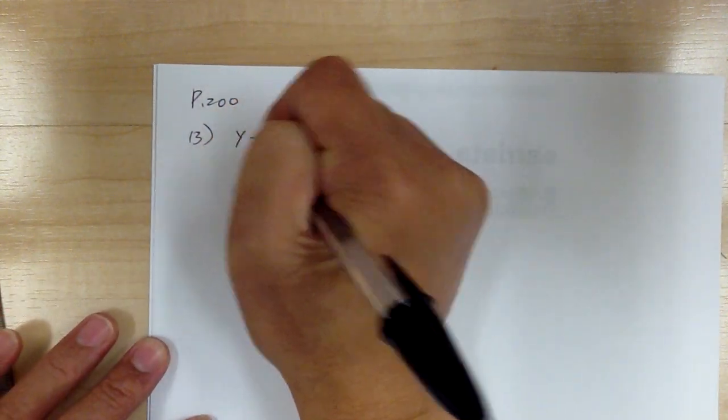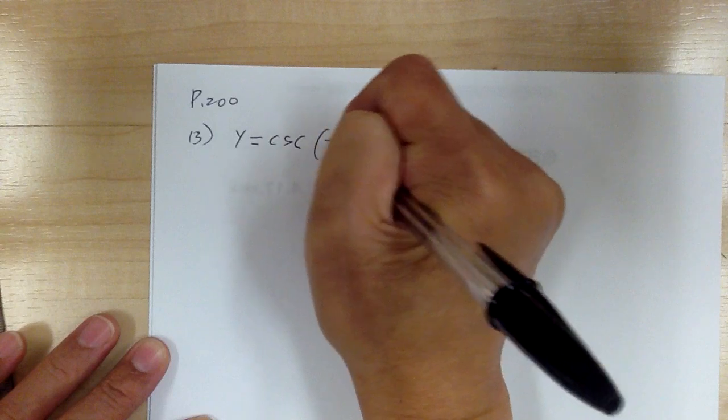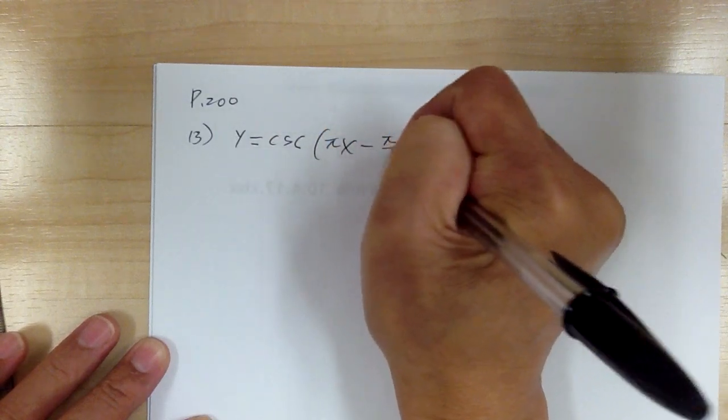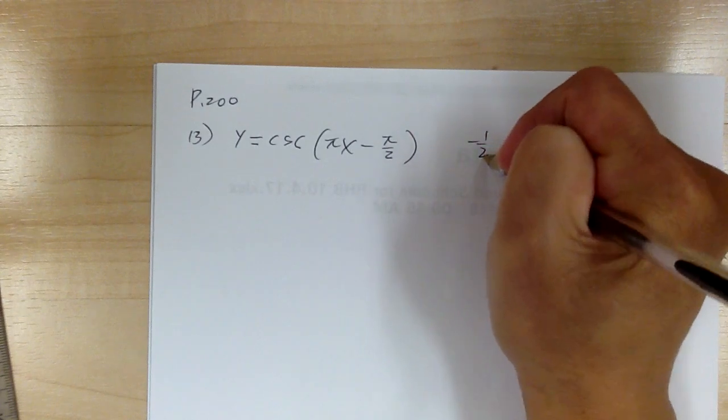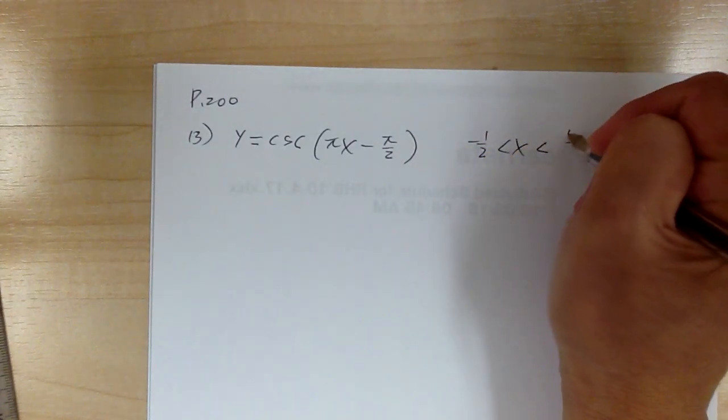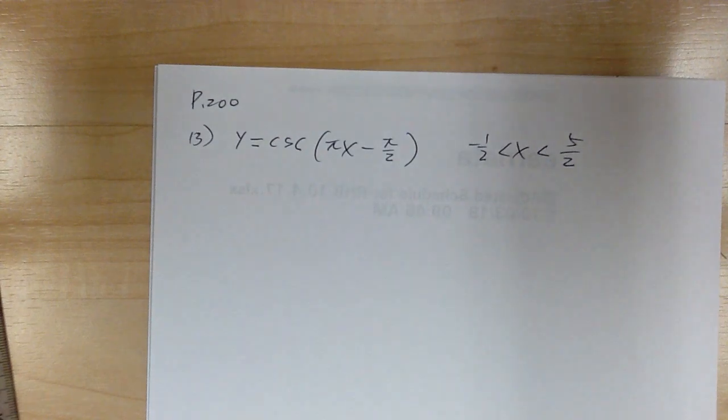You have y equal to cosecant of pi x minus pi over 2, and you want to go from negative 1/2 to 5 over 2. So first, you can get all the information.